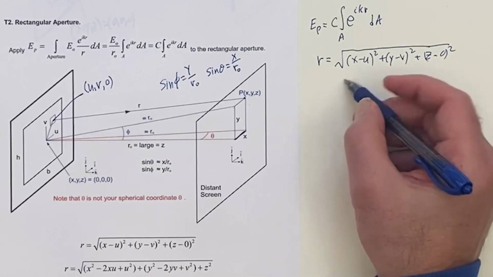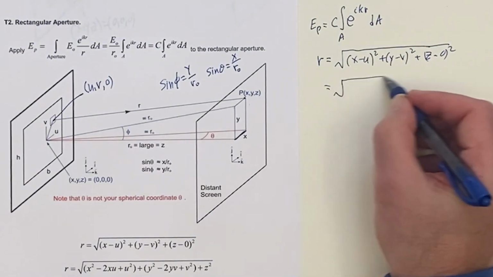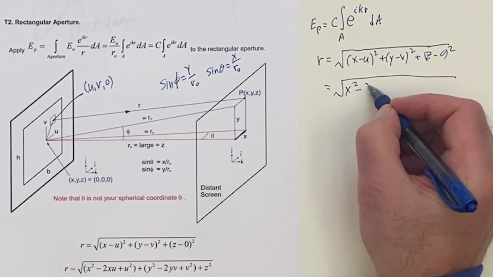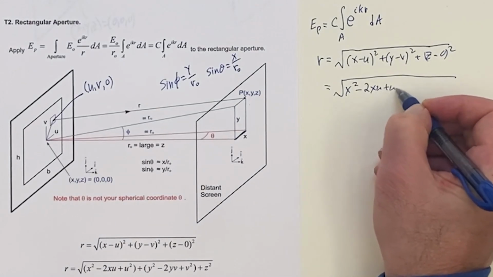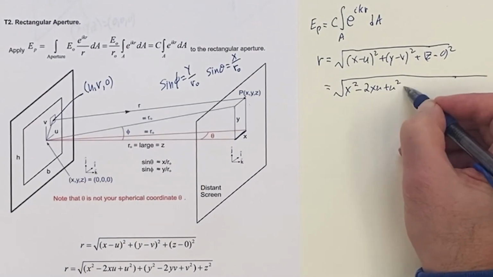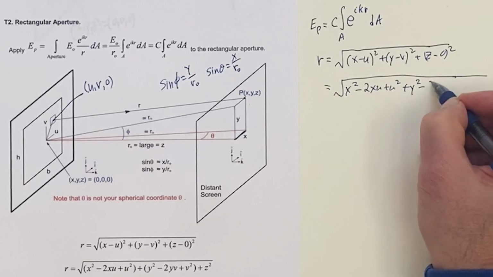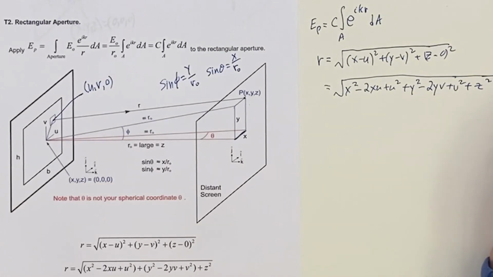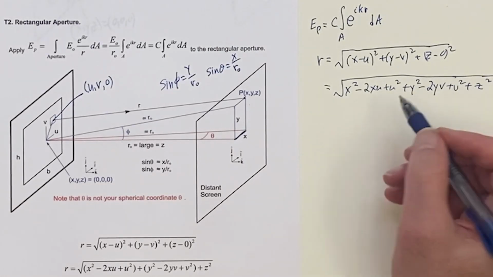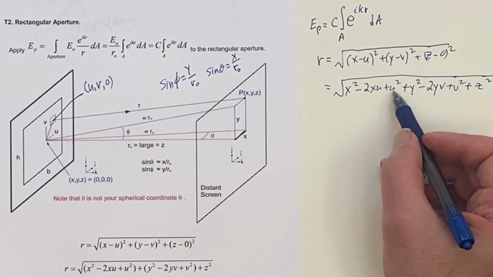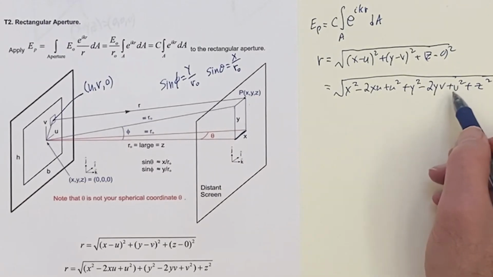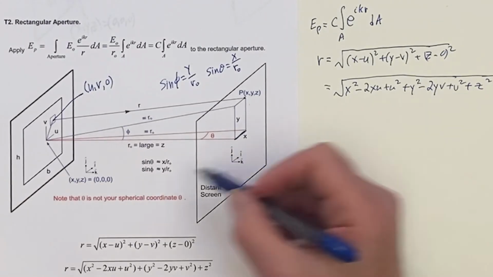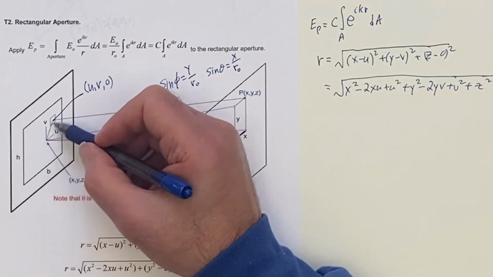If I work this out, I get x squared minus 2xu plus u squared, plus y squared minus 2yv plus v squared, plus z squared. Now, these u and v are very, very small. They're in this plane in here, and they're very, very small.